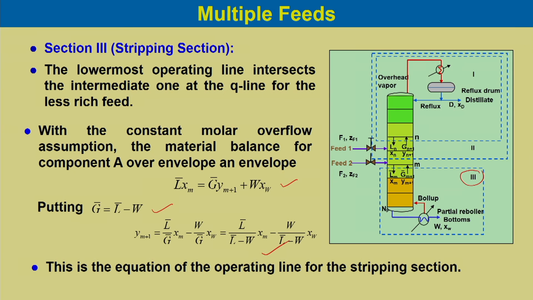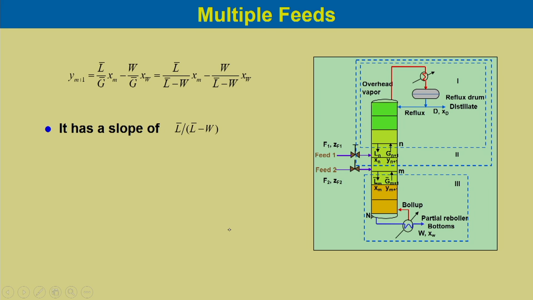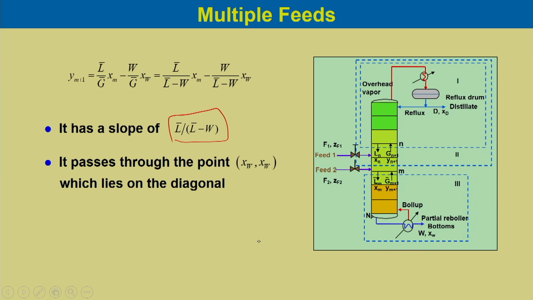Okay. So, this is the equation of the operating line for the stripping section. It has a slope of L bar by L bar minus W, and it passes through the point x w which lies on the diagonal.